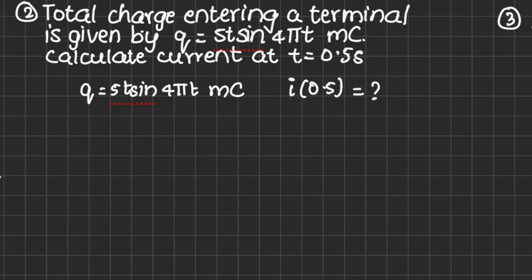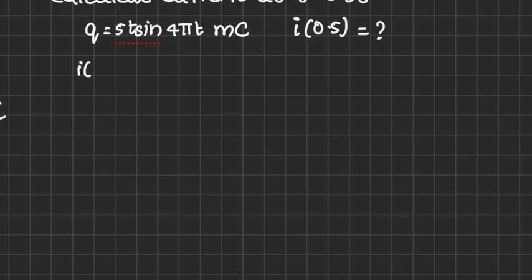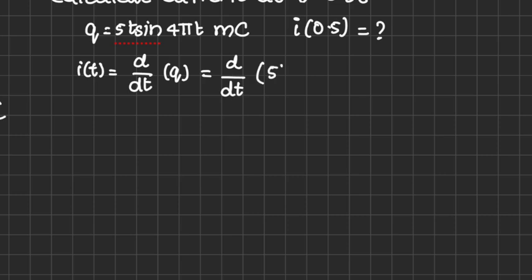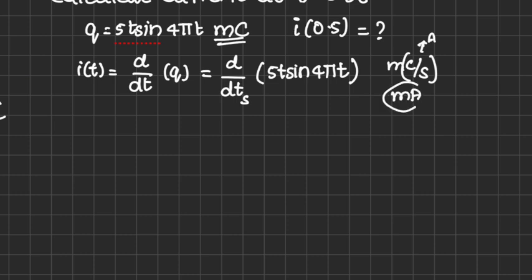We know that current is nothing but the rate of change of charge, which is equal to d by dt of 5t sine 4 pi t. Of course, the charge is in millicoulomb and time in seconds, so it is millicoulomb per second. Coulomb per second is nothing but ampere, so it is milliampere. Let's preserve this till the end.